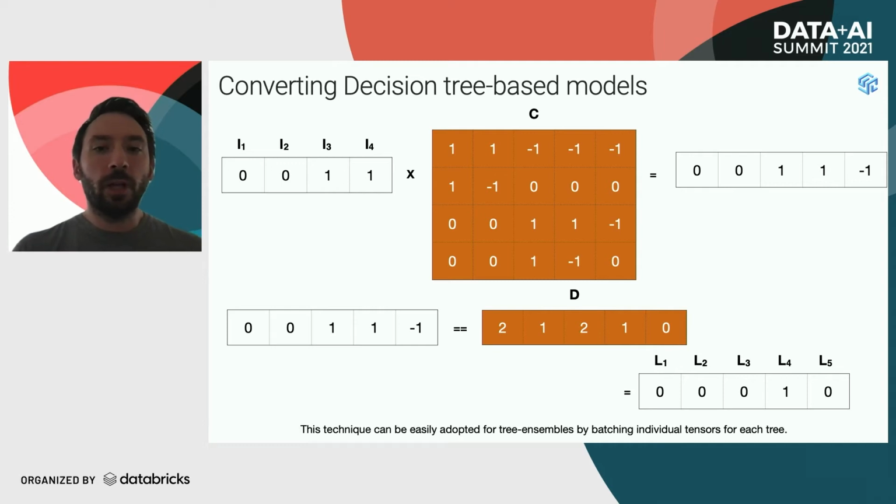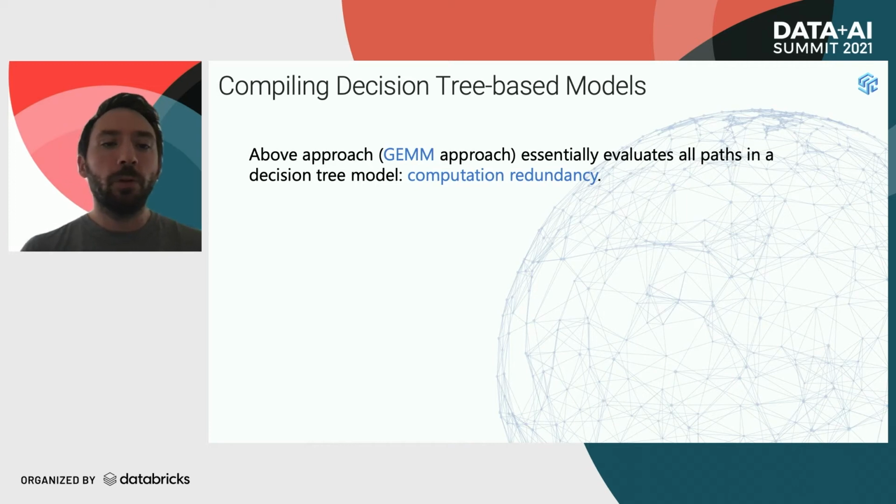Of course, I explained this example with a simple decision tree, but the same algorithm also works if you have a tree ensemble, and we do this by batching all the trees together. One interesting thing about this approach, which we call GEMM because it exploits the generalized matrix multiplication implemented in the tensor runtimes, is that we are evaluating all the decisions and all the leaf nodes, all the possible paths to reach the leaf node, all together.